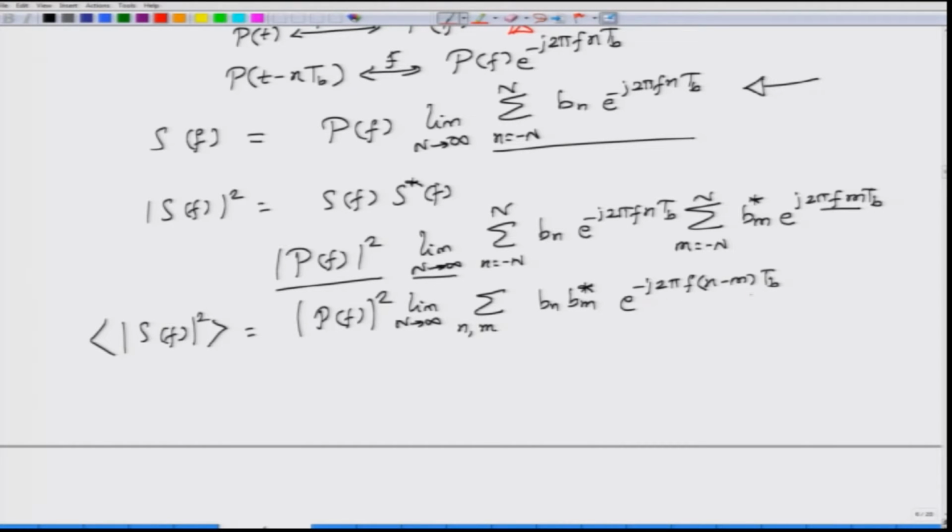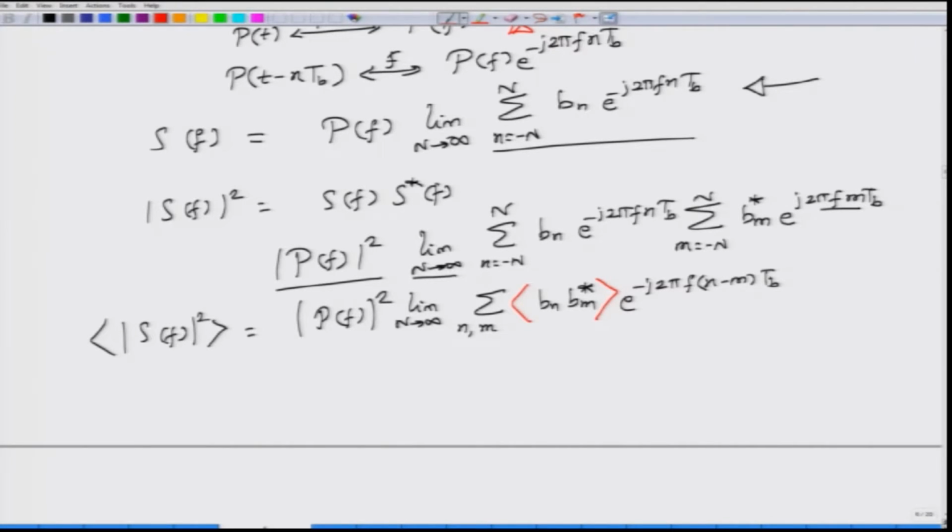These are not random. Okay, this exponential of minus j 2 pi f (n minus m) Tb is not random. So, the randomness comes only from the bit sequence, which is random, which we do not know. So, that is the averaging operation that we have put in. There are some mathematical constraints on when and how you can interchange the average operation and the summation, but that is not really much of a concern to us now.